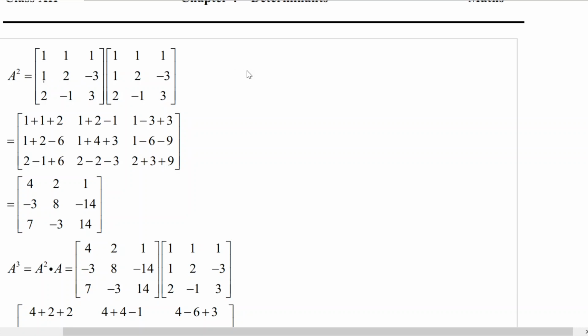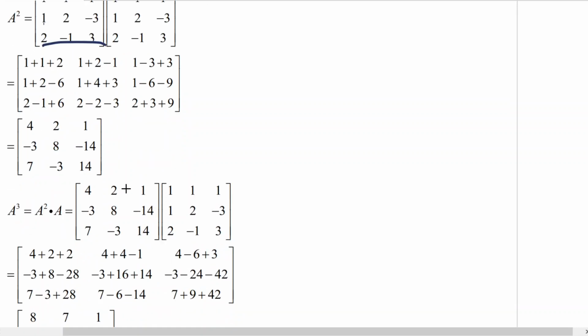And now we'll go to the next row, multiplying with first column, 2 minus 1 plus 6, that will be 7. Multiplying with second column, 2 minus 2, 0, minus 3, so minus 3. Multiplying with third column, 2 plus 3, 5, plus 3, 3 is a 9, 9 plus 5 is 14. So this is our A square.